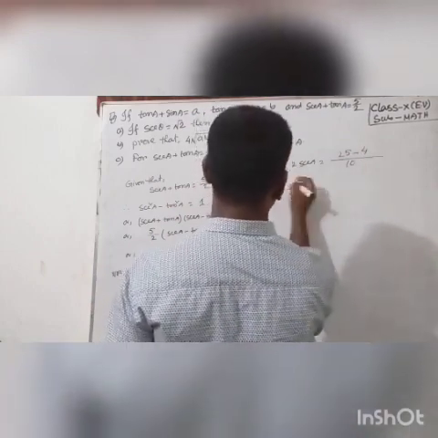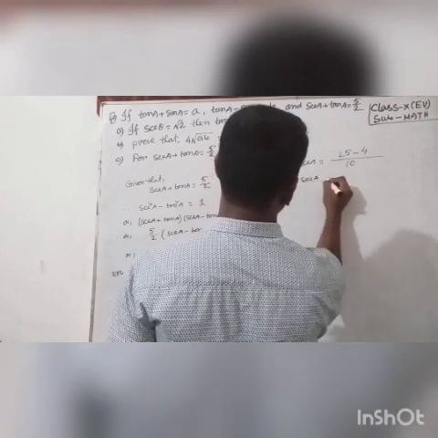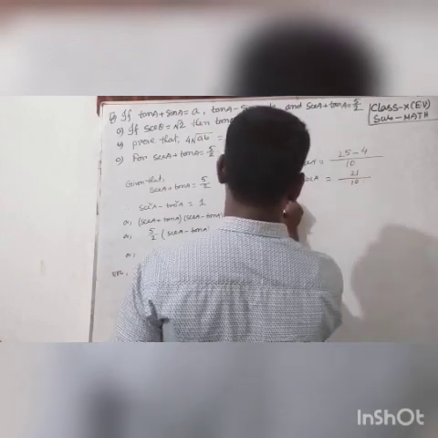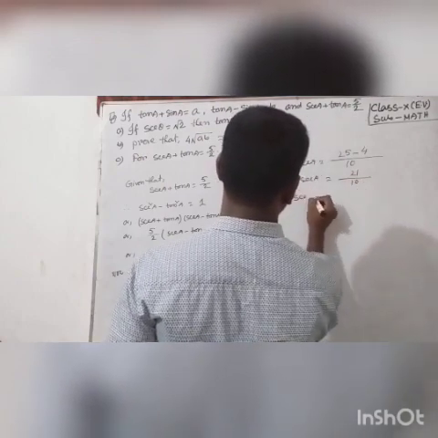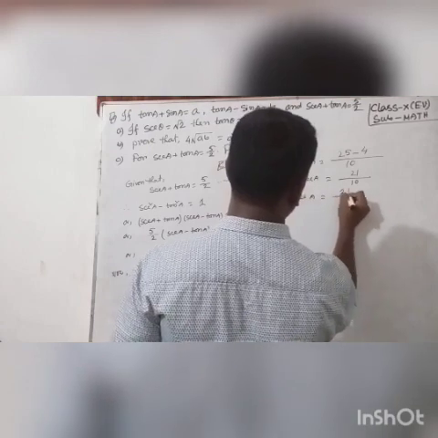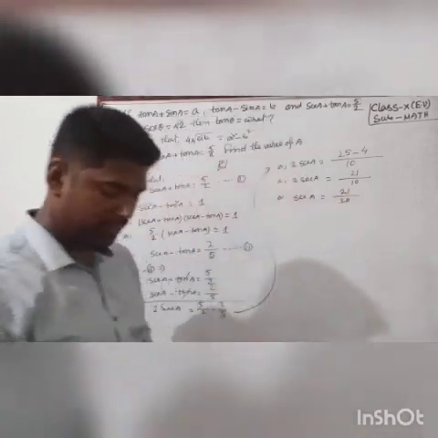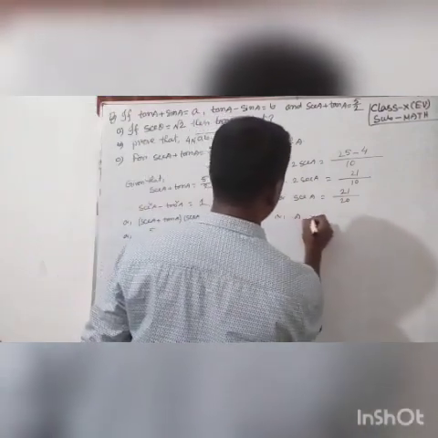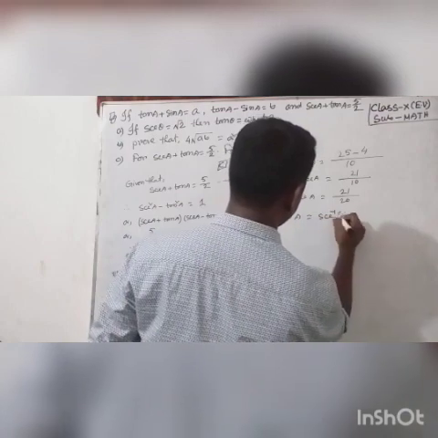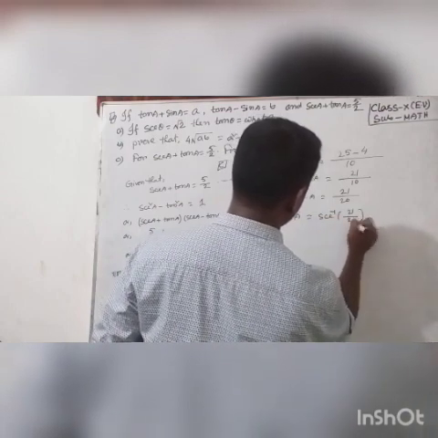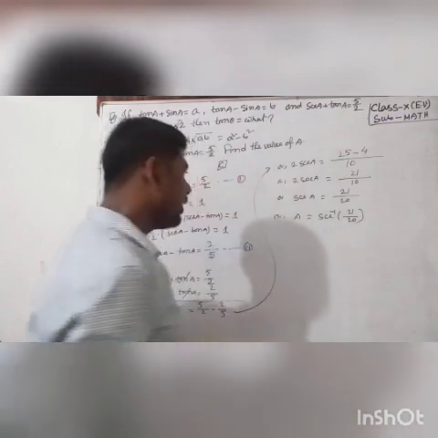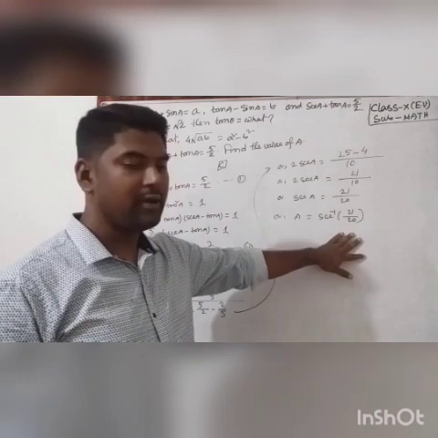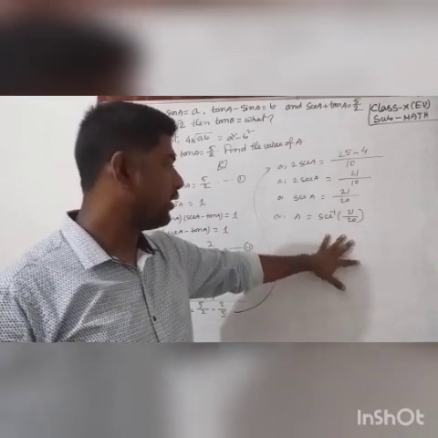Or 2 sec a equals 21 by 10, or sec a equals 21 by 20. Now we can write a equals sec inverse 21 by 20. At last we find the value of a equals sec inverse 21 by 20. Okay, this is the answer.